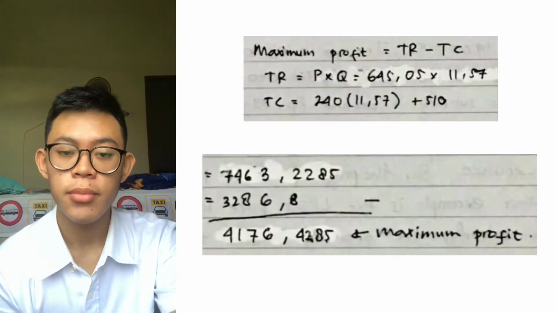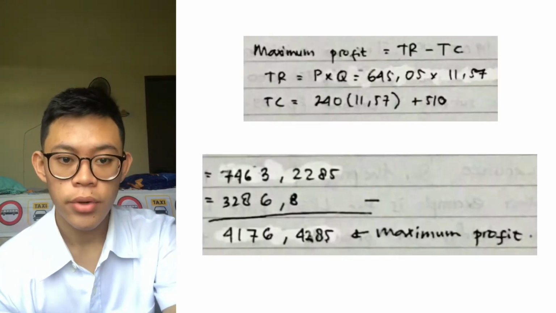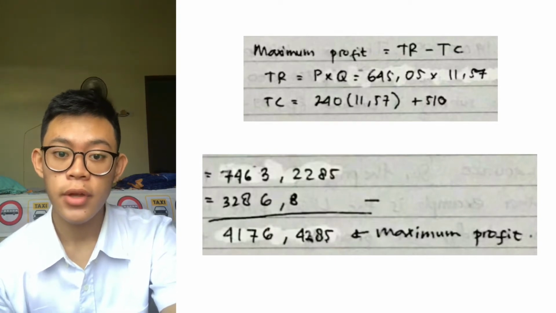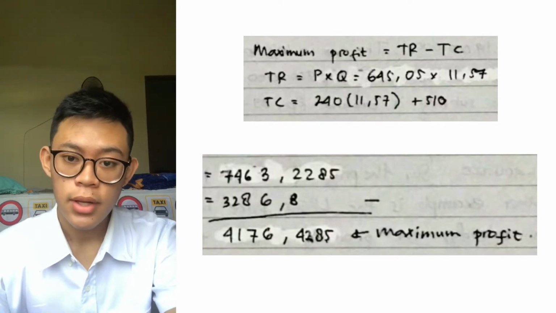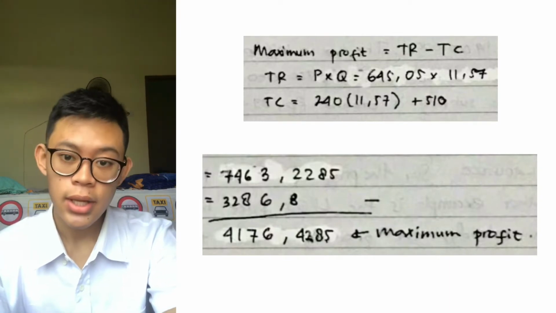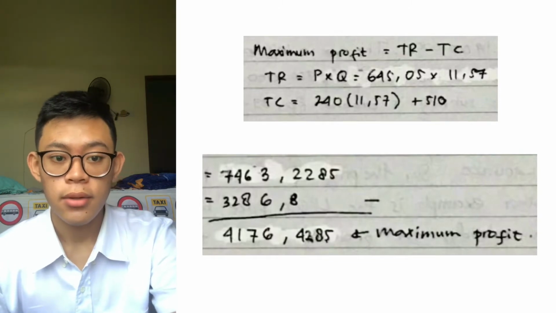After finding the price for each item, we add it to the maximum profit formula, TR minus TC. We know that TR is 645.05 multiplied by 11.57, which is 7,463.2285.